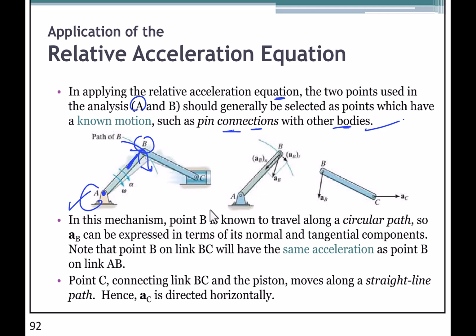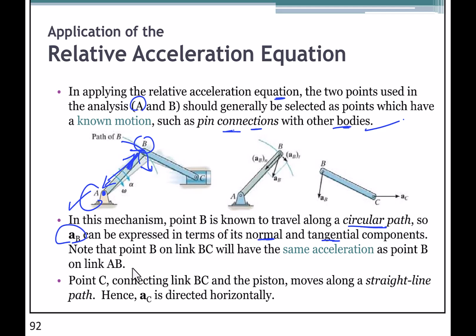And in this mechanism shown in the picture, point B is known to travel along a circular path. It's not extending. If it were extending or contracting, it would complicate the problems a bit. So AB can be expressed in terms of its normal and tangential components.